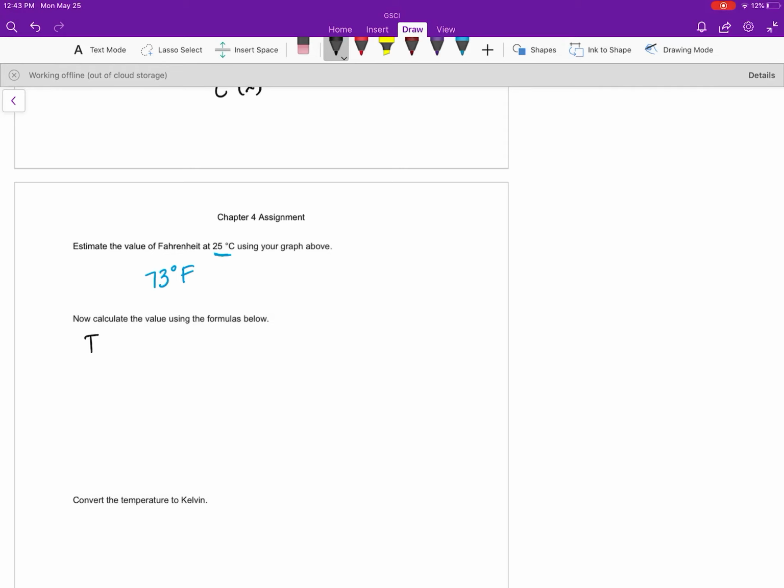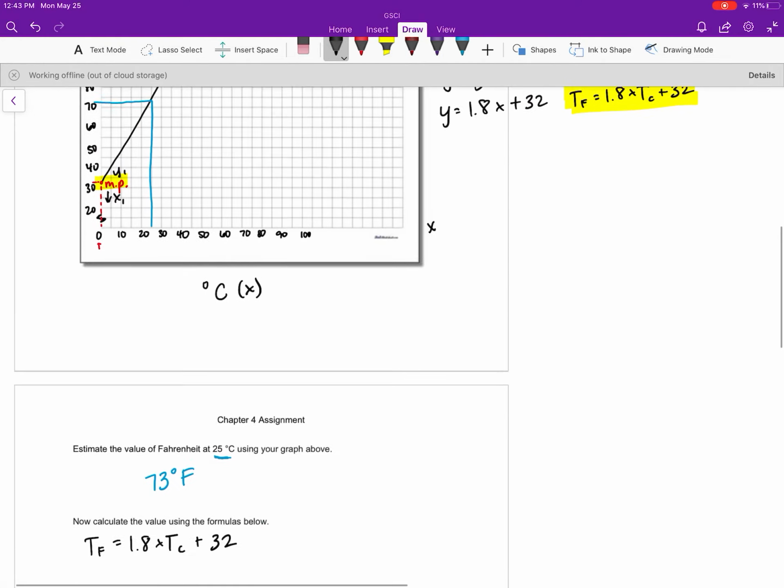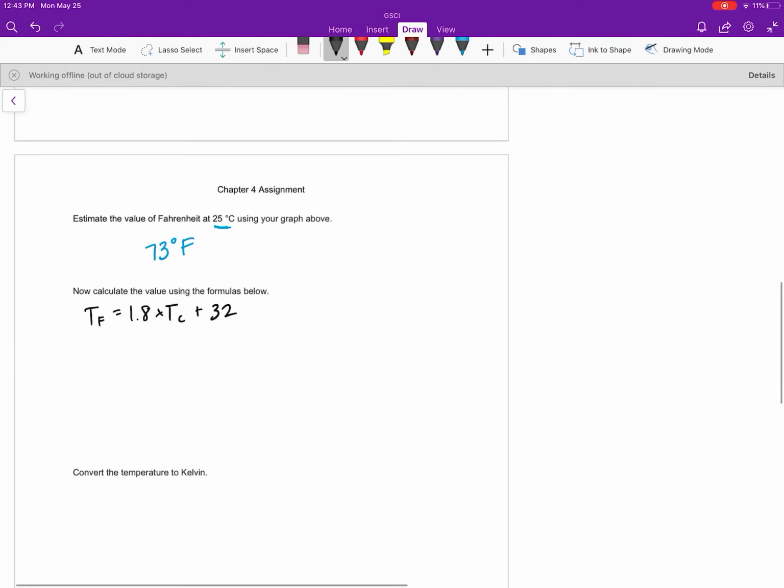Now, I'm a fan of the 1.8 times formula, simply because I tend to make mistakes with fractions, the 9/5, and so I usually use the 1.8, the decimal form. So now we're going to calculate what the temperature in Fahrenheit is at 25 degrees Celsius, and we're simply going to plug it in. So 1.8 times 25 plus 32.